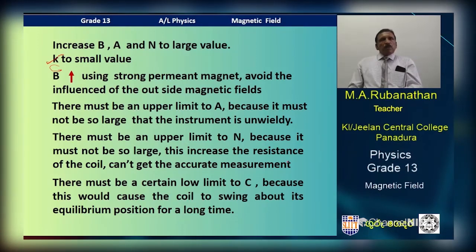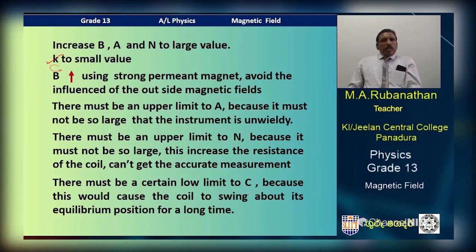So there is some effect of the earth's magnetic field on the moving coil galvanometer. If we want to reduce that, we use a strong permanent magnet. We can avoid the influence of the earth's magnetic field.